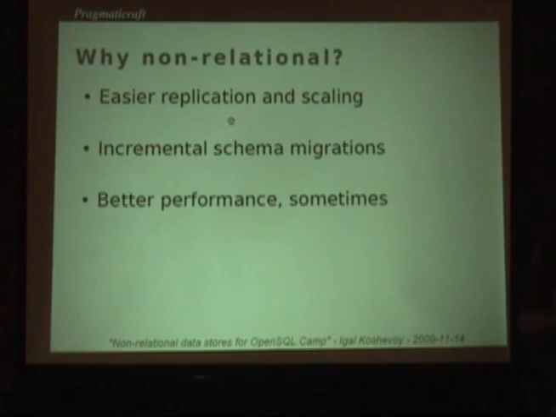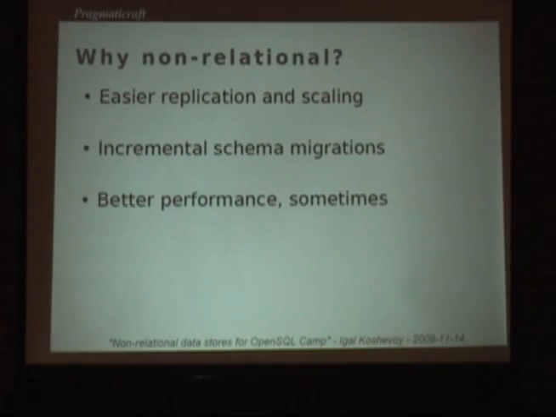So what's the real exciting thing about these non-relational databases? To me, it's easier replication and scaling. Scaling and replicating relational databases is kind of a pain. There are all sorts of issues, especially when it comes to schemas, which is the next part.